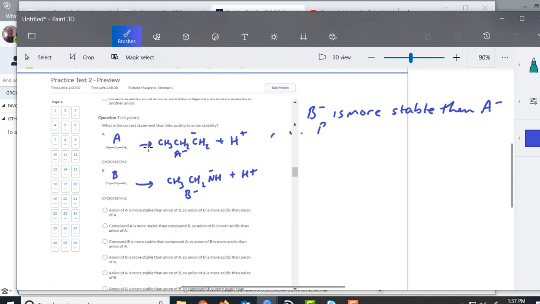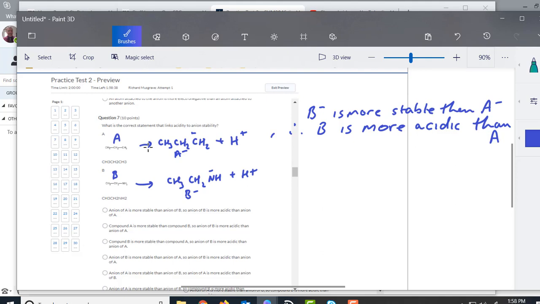Therefore, B is more acidic than A. And this will always be the way that the statement will be set up, talking about which anion is more stable and then which compound is more acidic. Now these, in the second part of a statement, are always what you start with, and the anions here will always be what you begin the statement with up here, obviously talking about which one has the greatest stability of the two.